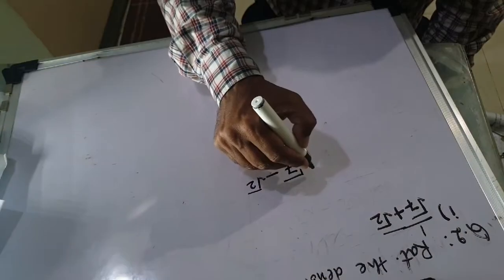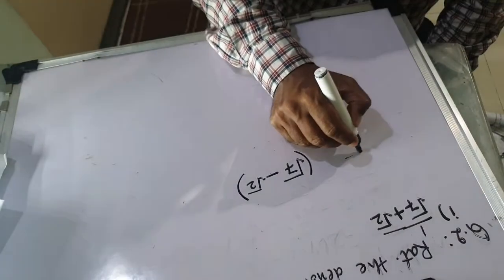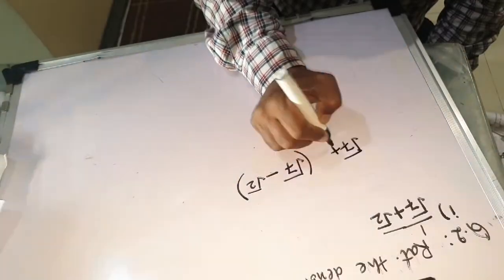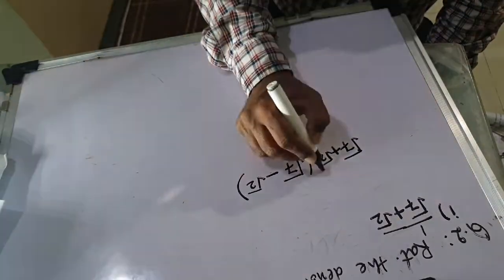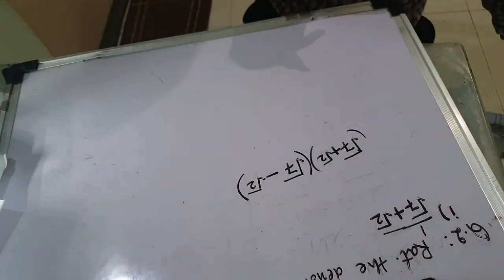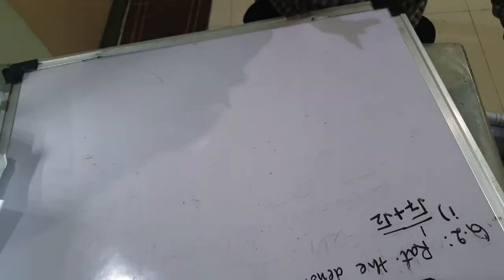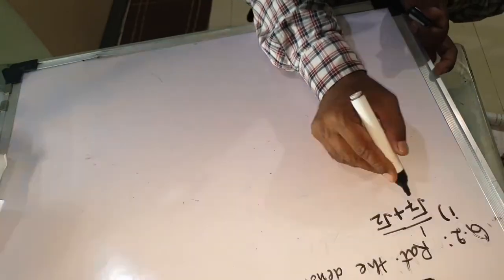I will multiply in the denominator, and the same action I have to do in the numerator also, so I multiply and divide by the conjugate.